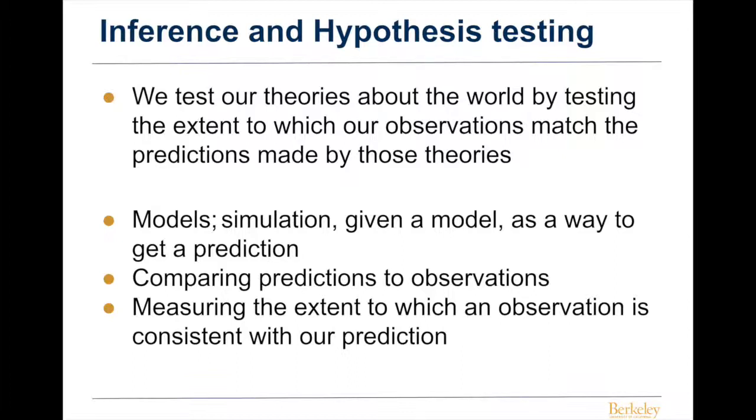Then we talk about how to compare the predictions to the observations. We want to find out whether the observation is consistent with the prediction, so we need some way to determine what counts as consistent. We need some way to measure the extent to which something's consistent, and that leads us to classical things like p-values and so on. Okay, so that's a very high-level picture, and the ordering is you start with models and making predictions from them before you start to say anything about hypotheses or hypothesis testing.